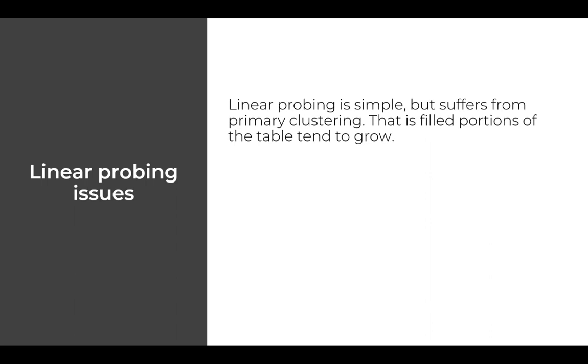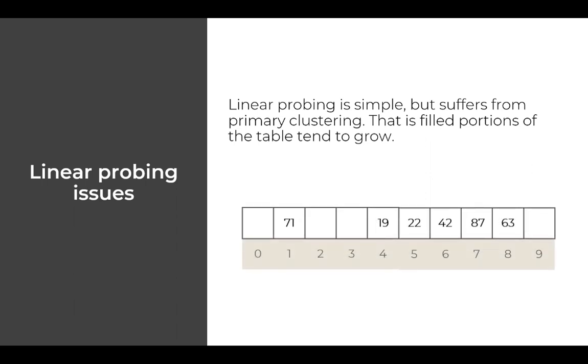Linear probing is simple but suffers from primary clustering. That is, filled portions of the table tend to grow very quickly. Consider the table presented here. There is a 70% chance that one of the slots, 3 to 9, will be the initial probe of the next insertion, causing the segment to grow.